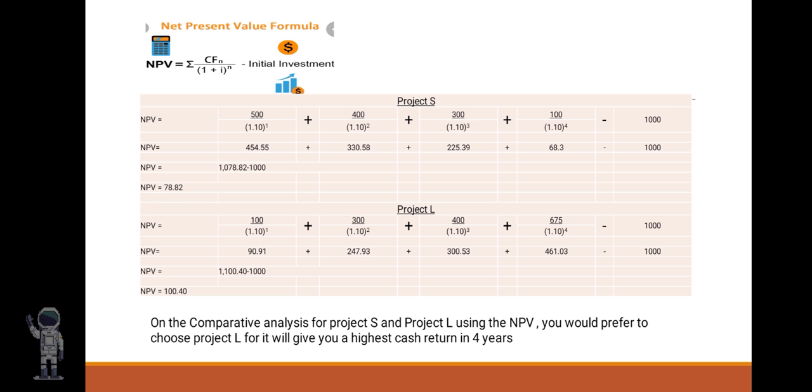Same with project L: the summation of 90.91, 247.93, 300, and 461.03 is 1,100. Less 1,000 equals 100.4. Usually we select the highest, which is project L.